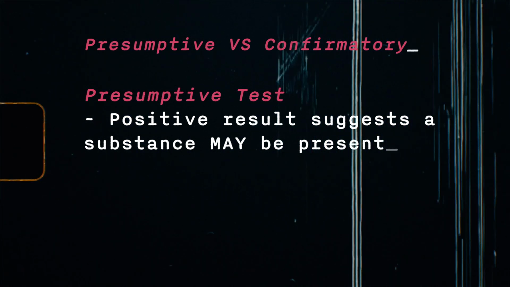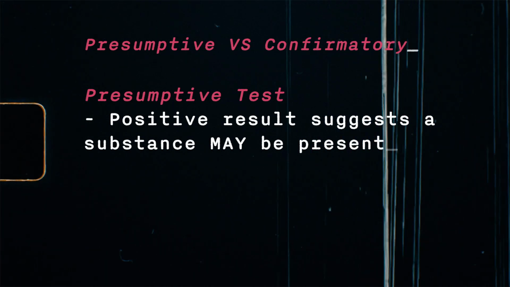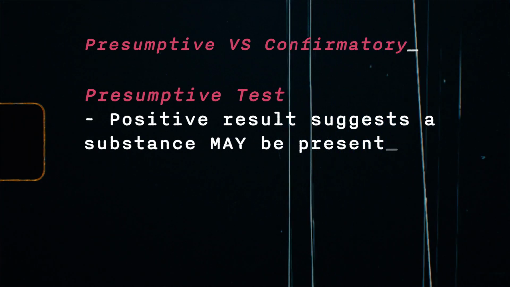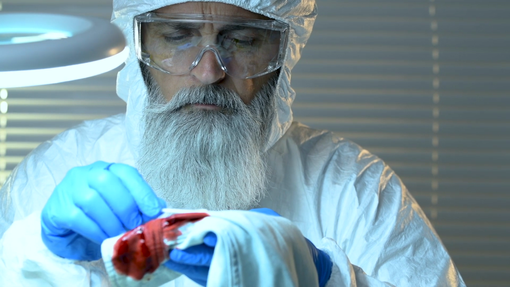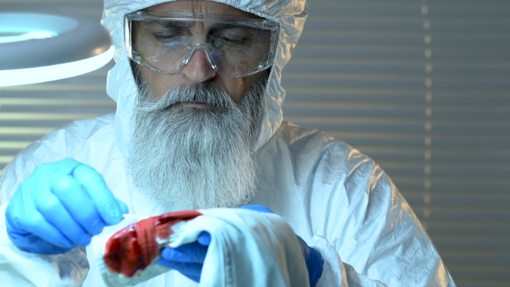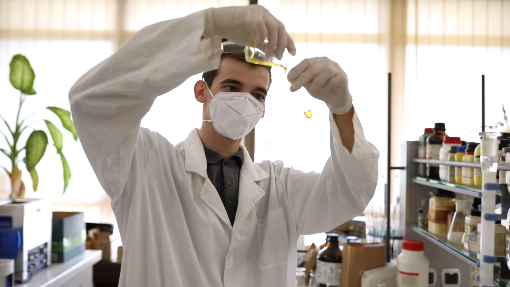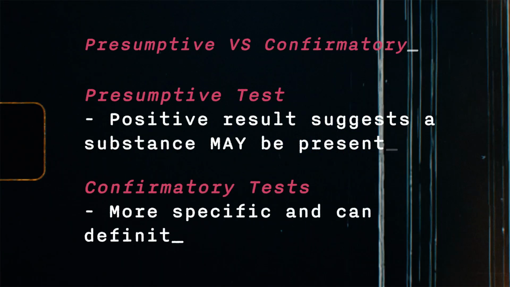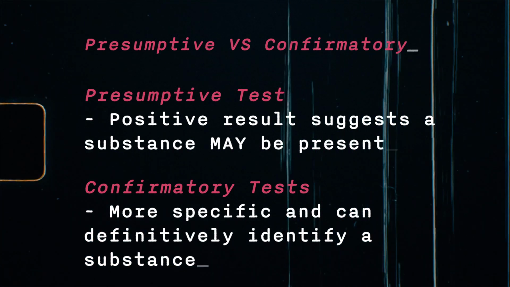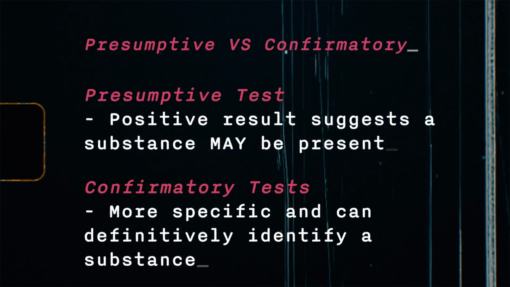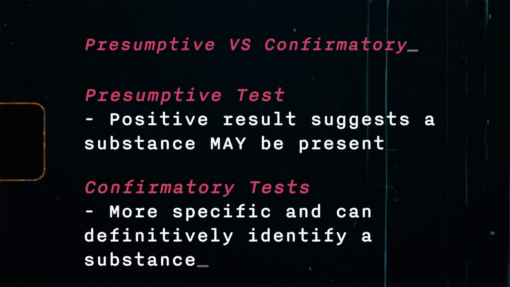A positive result suggests a substance may be present, but confirmatory tests are needed for verification. For example, a presumptive test might detect blood at a crime scene, but further tests are required to confirm it is human blood. Confirmatory tests are more specific and are used to definitively identify a substance. They often involve different methodologies to ensure accuracy.